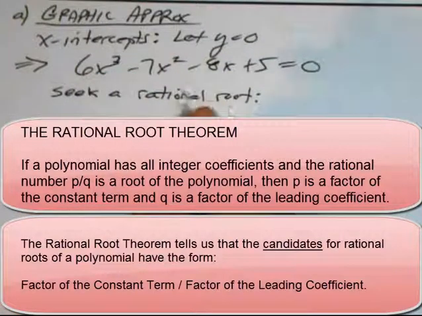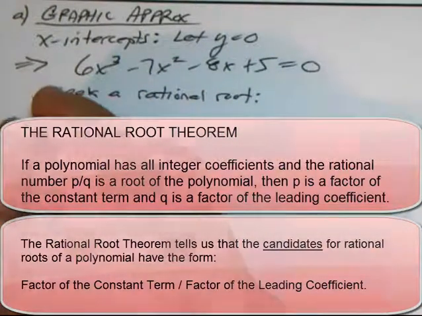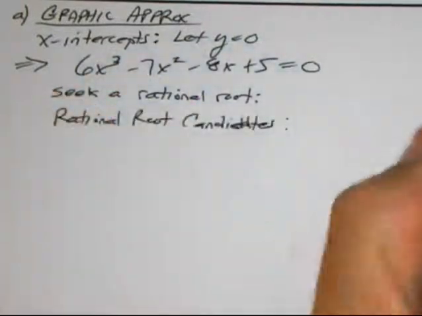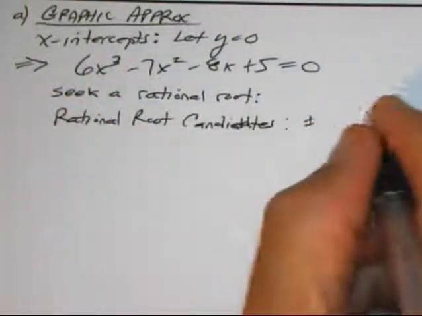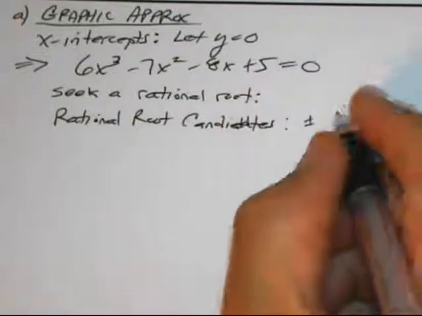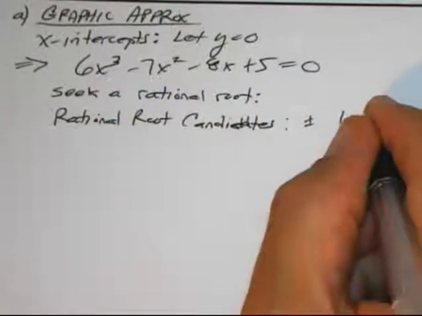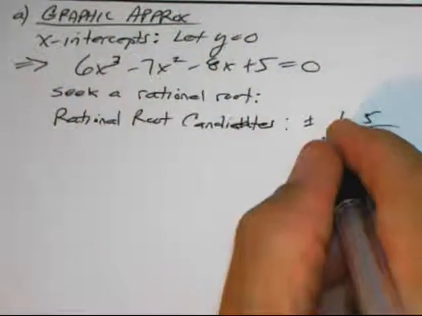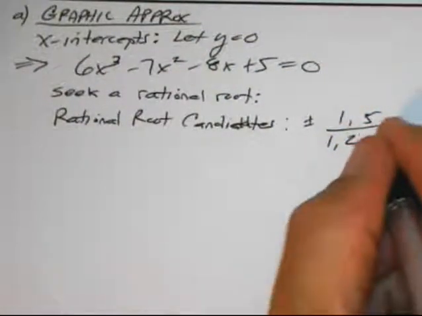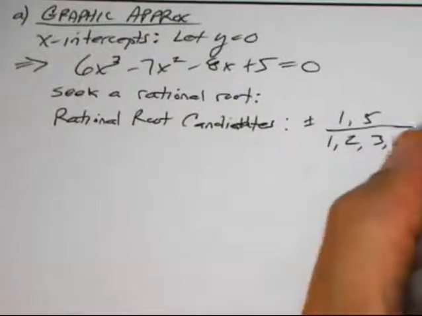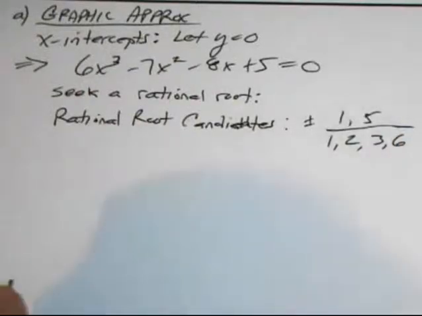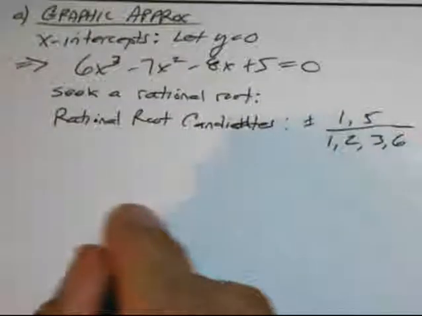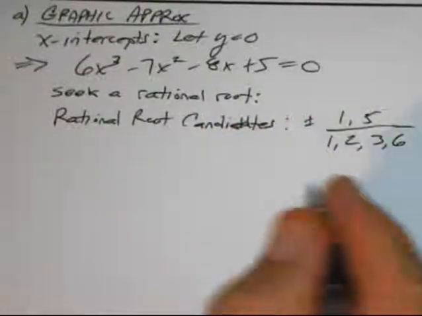In other words, our rational root candidates would be plus or minus factors of 5, either 1 or 5 there, over factors of 6, which could be 1, 2, 3, or 6.